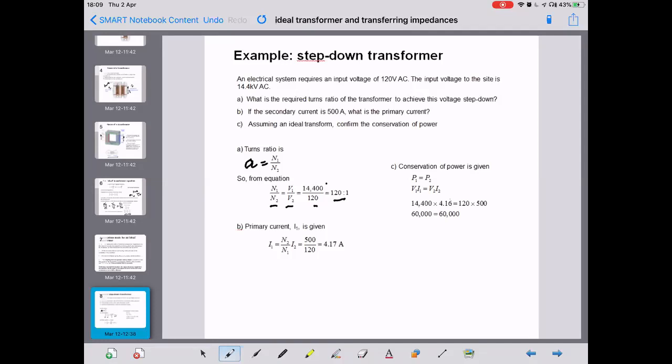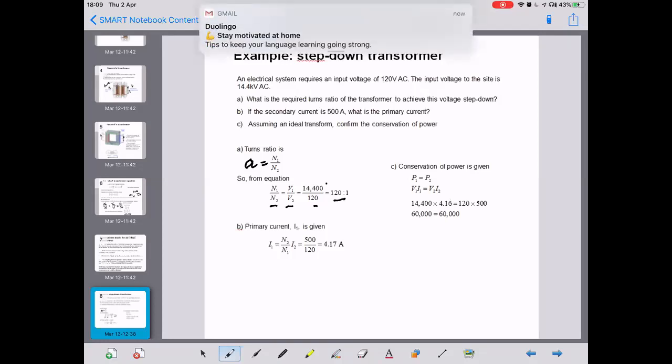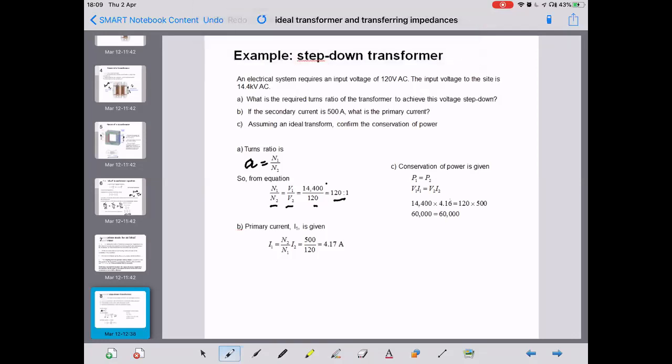Second part, the secondary current is 500 amps. What's the primary current? So using I1 over I2 is equal to N2 over N1, using that version rearranged here. We brought I2 up and multiply. So that's equal to 500 over 120, 4.17 amps. Hang on.